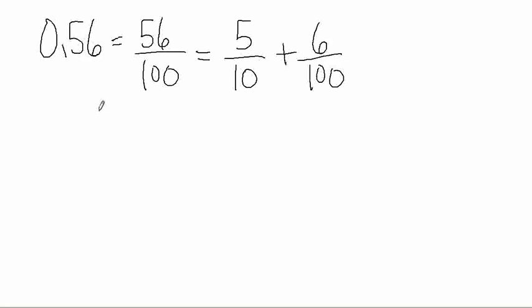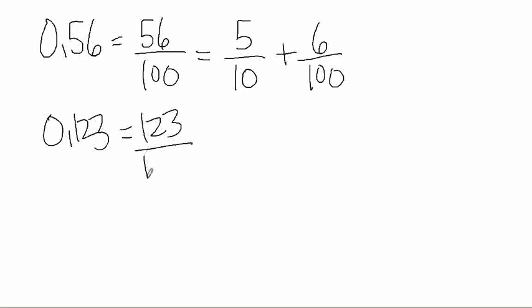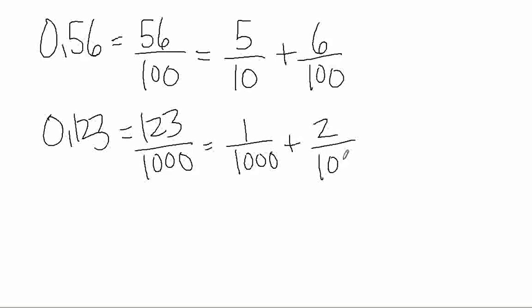Here's another similar example. 0.123 is equal to 123 over 1,000. That's also equal to 1/10 plus 2/100ths plus 3 thousandths.